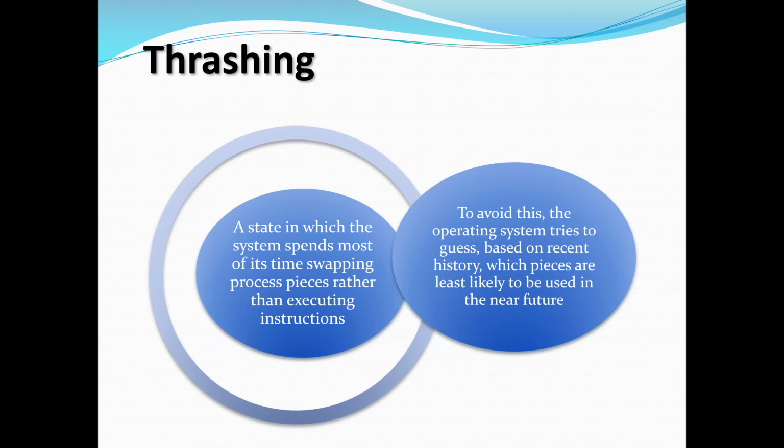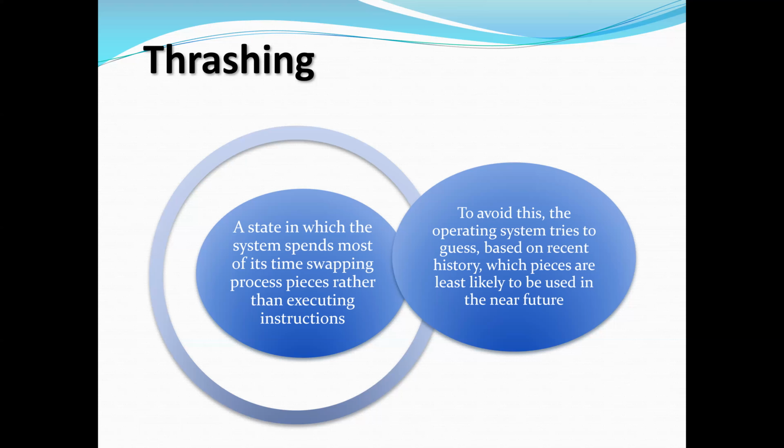Thus, at any one time, only a few pieces of any given process are in memory, and therefore more processes can be maintained in memory. Further, time is saved because the unused pieces are not swapped in and out of memory. However, the operating system must be clever about how it manages this scheme.